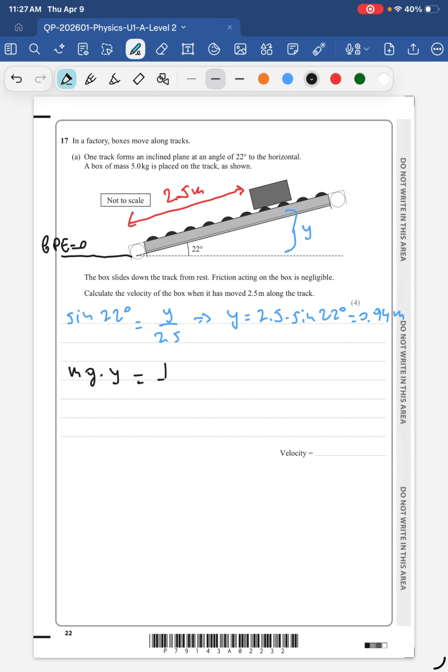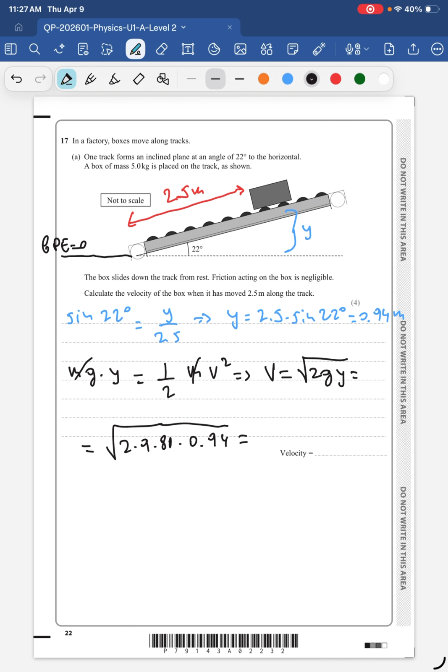Then at the ground level we will only have kinetic energy, so 1/2 mv squared. So v is the square root of 2gy, so that's equal to 9.81 times 0.94, and this is 4.3 meters per second. All right.